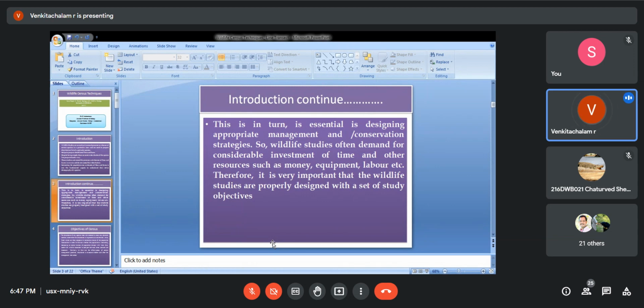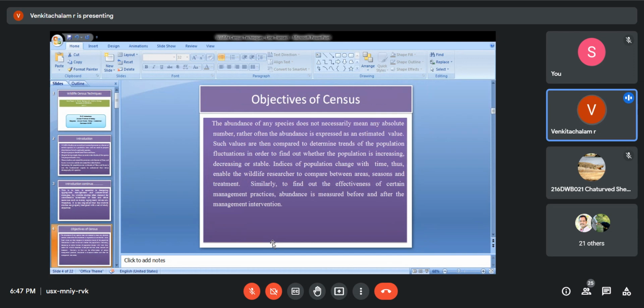Now, the objectives of census. The abundance of any species does not necessarily mean an absolute number. Rather, often the abundance is expressed as an estimated value.